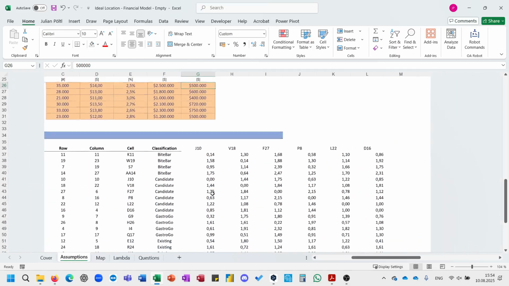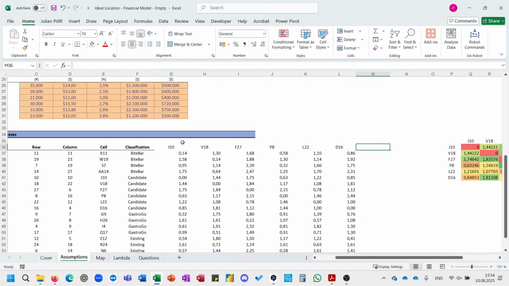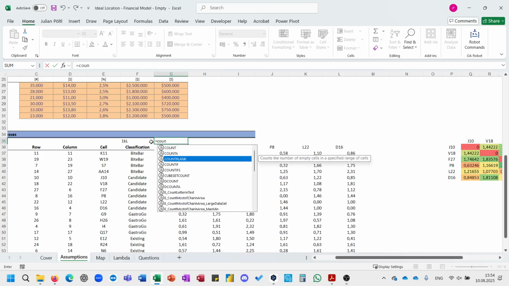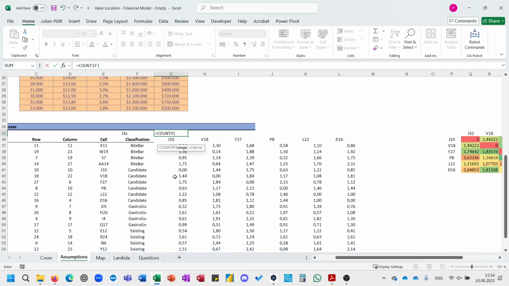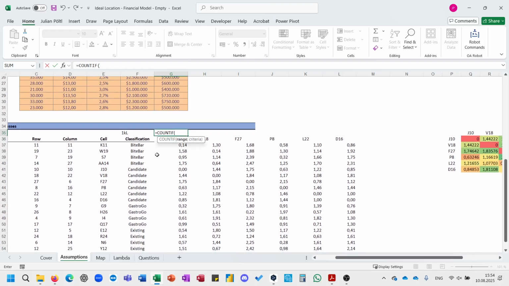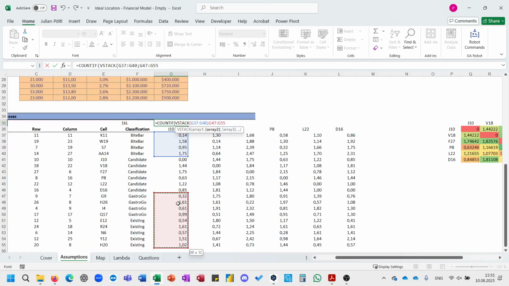So, 1 kilometer, COUNTIF, it's an array stack, smaller than 1.